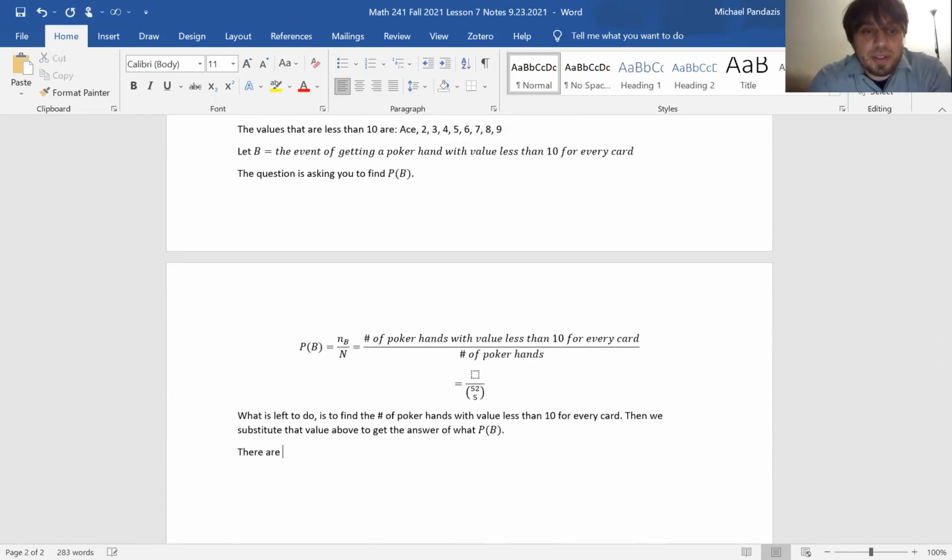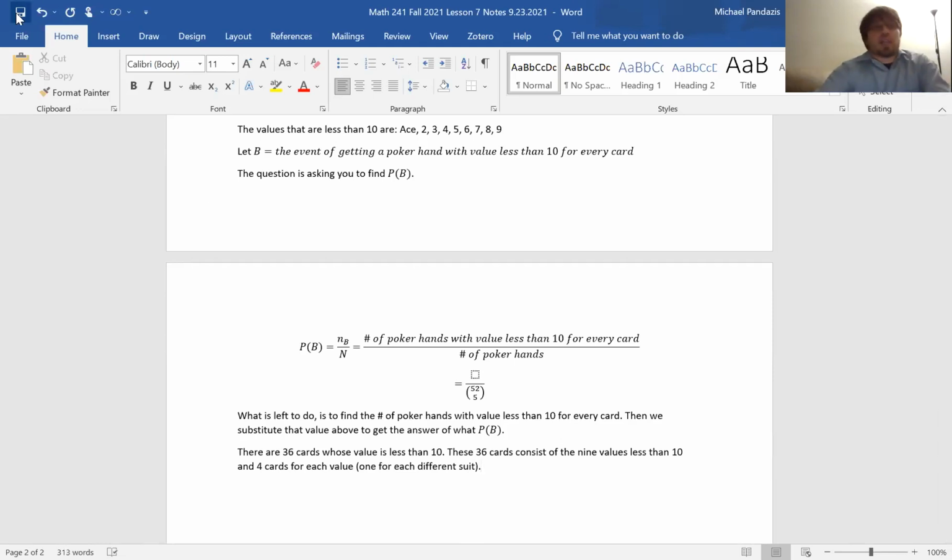So there are 36 cards whose value is less than 10. These 36 cards consist of the 9 values less than 10 and 4 cards for each value, 1 for each different suit.